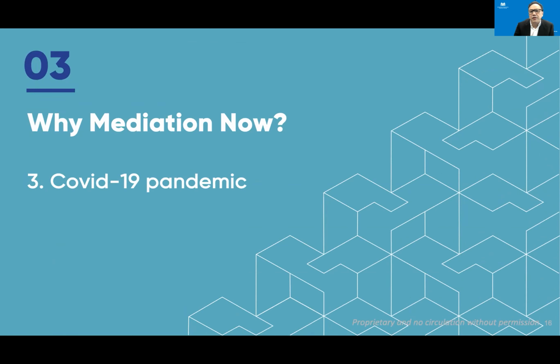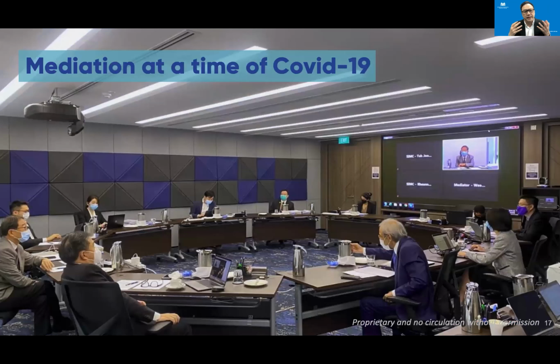The third reason for mediation now is really COVID-19, as we are all experiencing and having this seminar over Zoom. Next chart. This is what a mediation at the time of COVID-19 looks like.